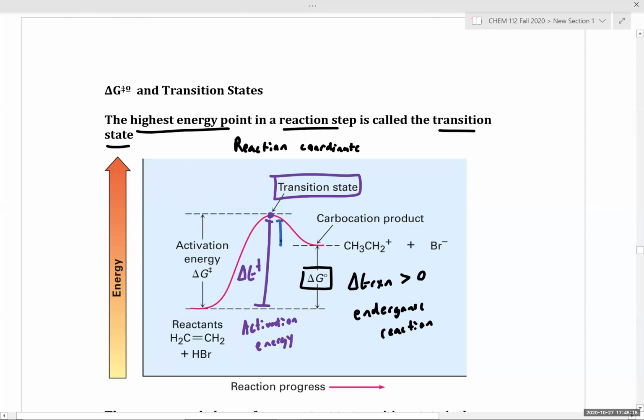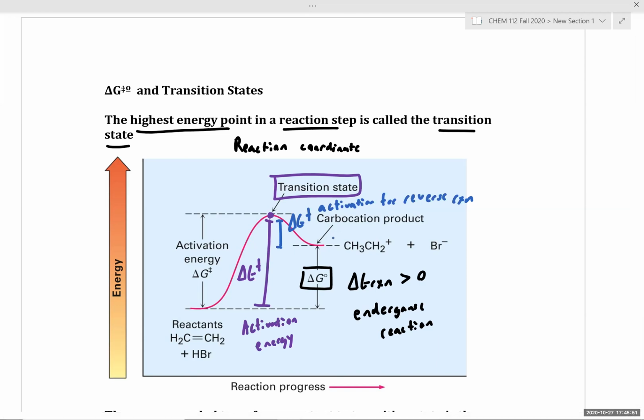So we can also look at the activation energy if we were to go from the products to the reactants. So this is the Gibbs energy of activation for the reverse reaction. And by comparing the activation energy for our forward and reverse reaction, we can actually begin to estimate the equilibrium constant for this reaction.